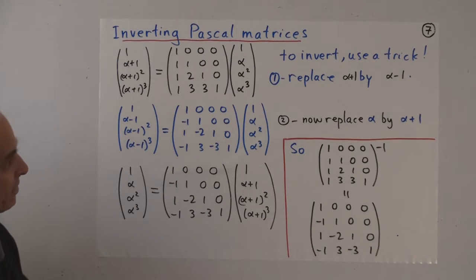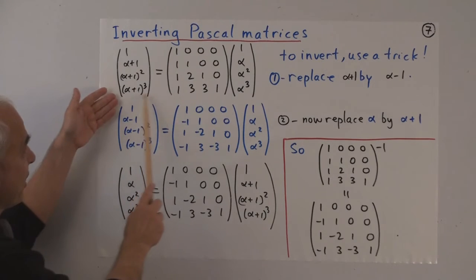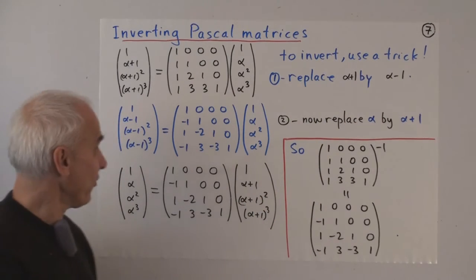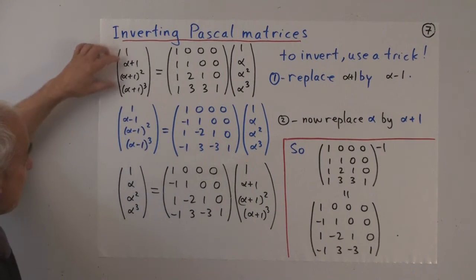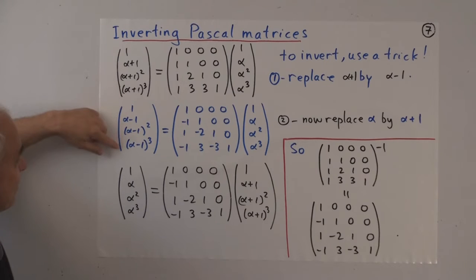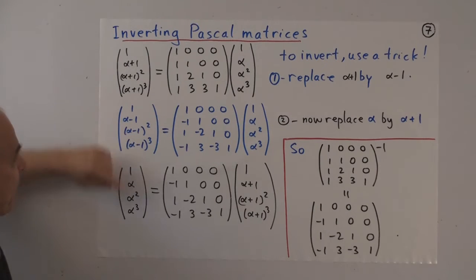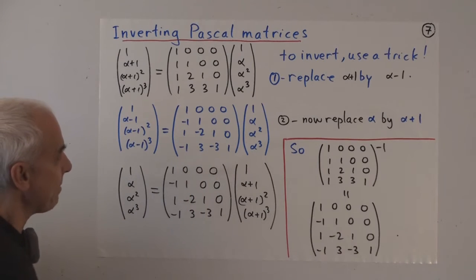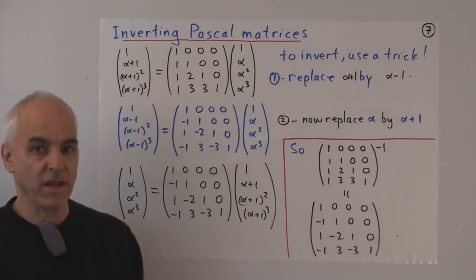And in this case, there's a little bit of a trick that one can do to minimize the amount of work. The trick is to first of all have a look in this equation here and replace alpha plus 1 by alpha minus 1. So if we do the same thing with powers of alpha minus 1, then we get the same kind of binomial coefficients but with some minus signs thrown in.